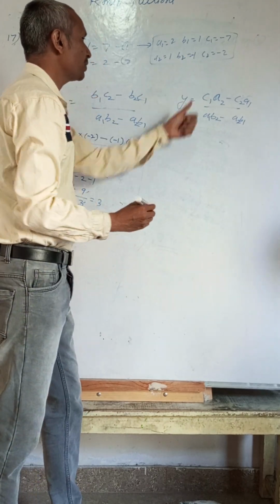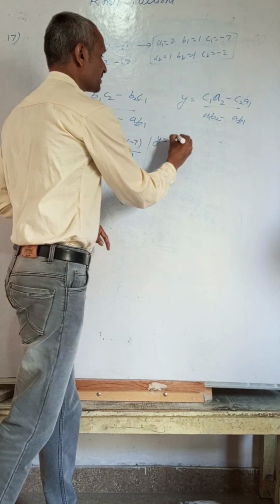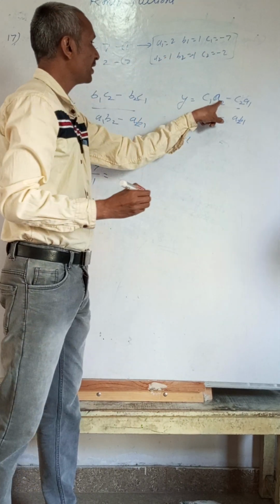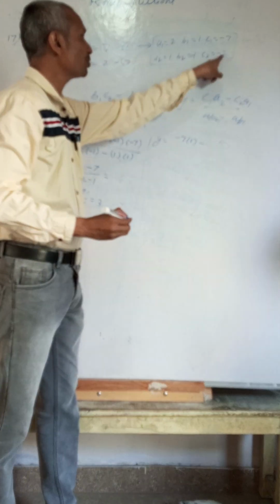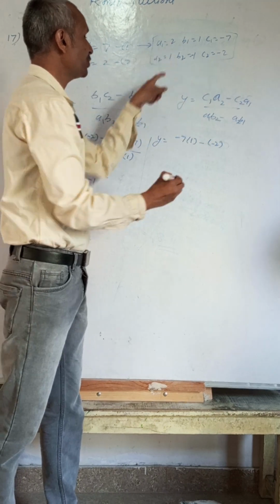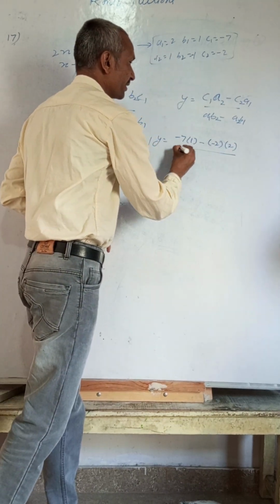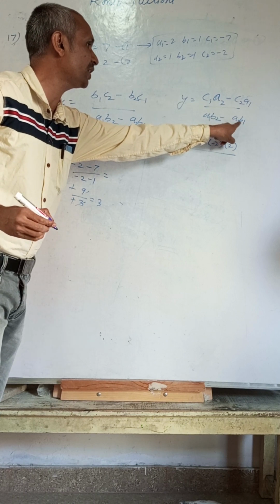Now the y value is pending. Like that, keeping the values into y: y is equal to C1, which is minus 7, into A2 value, 1, minus C2 value, minus 2, into A1 value, 2, by A1 B2 minus A2 B1.